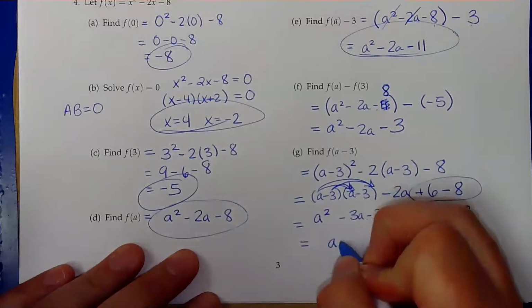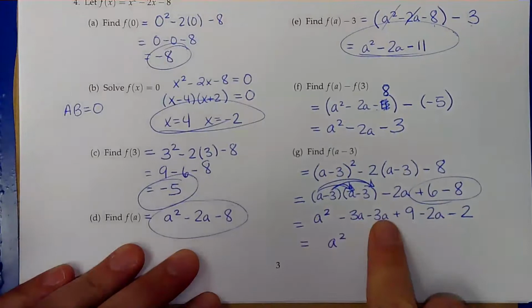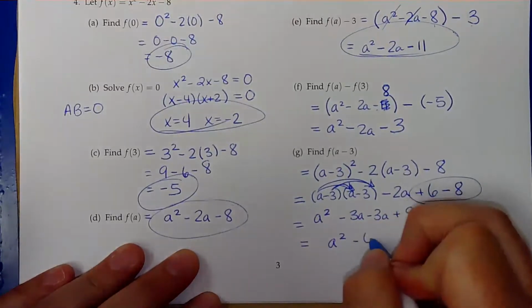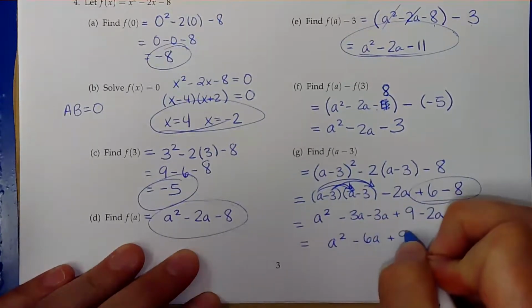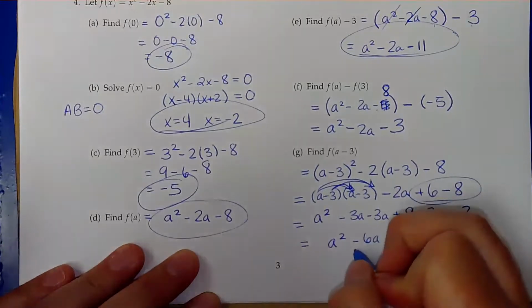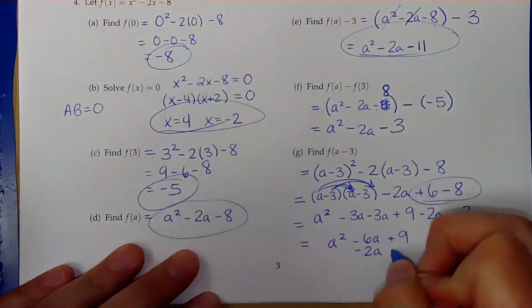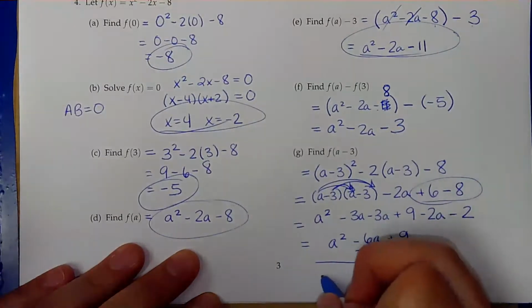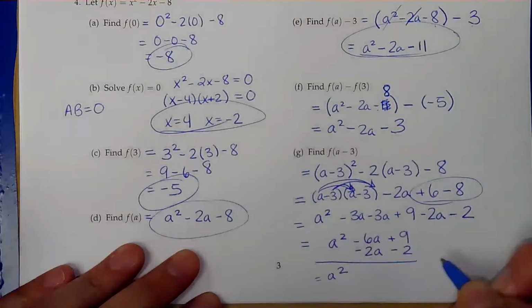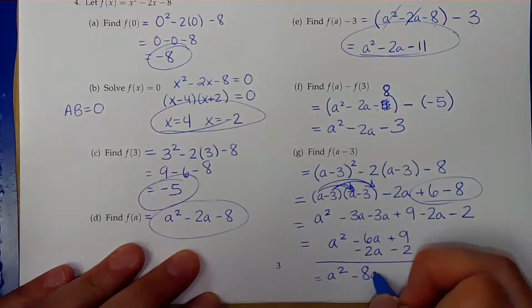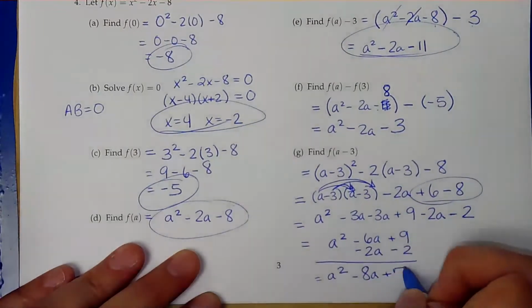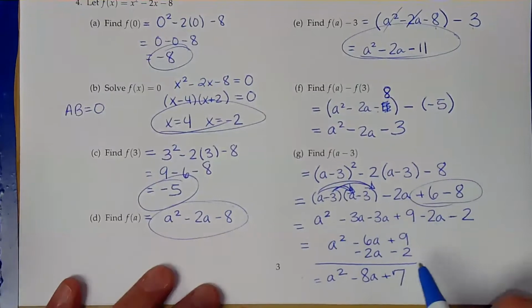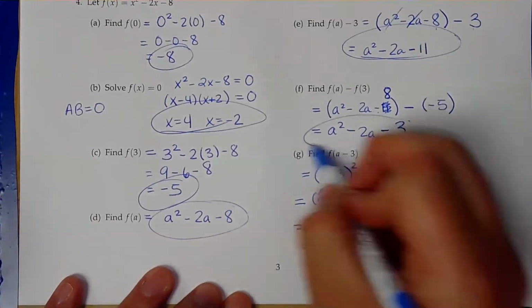So I have a squared. Those two together give me minus 6a plus 9. And then I have minus 2a and minus 2. Okay, so I have a squared minus 8a, and that'll be plus 7. All right, so that gives us our answer for that one.